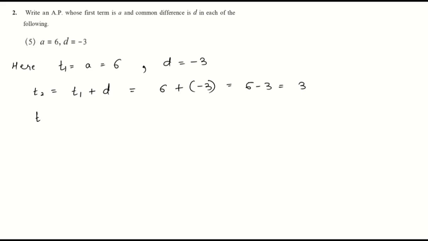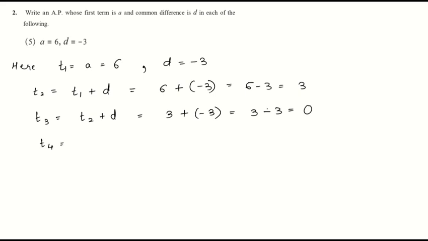In the same way, find T3. Take the previous term and add the common difference. T2 is 3 plus the common difference minus 3. This is nothing but 3 minus 3, which is equal to 0.